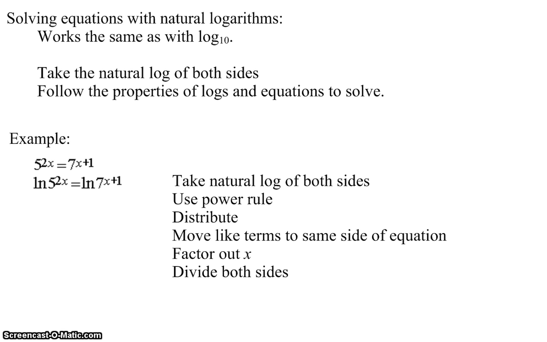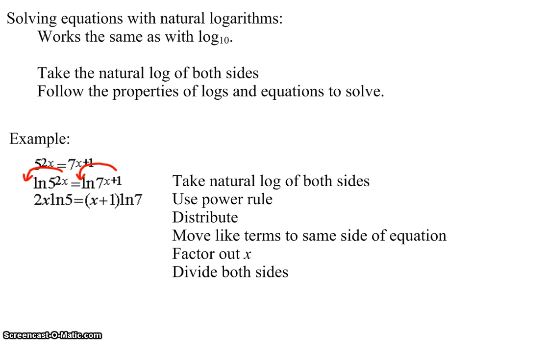So then we have ln of 5 to the 2x power equals ln of 7 to the x plus 1 power. At that point, we're going to use the power rule to drop the exponents in front so that we can eliminate our exponents, and we end up with 2x ln 5 equals x plus 1 ln 7.